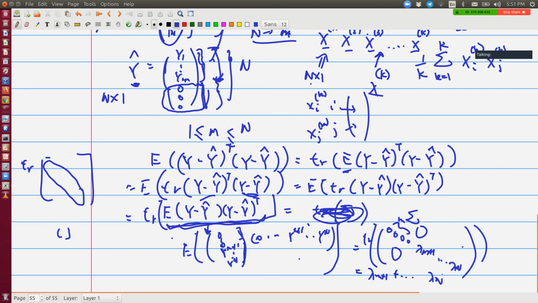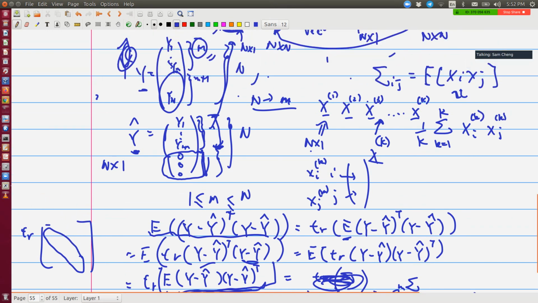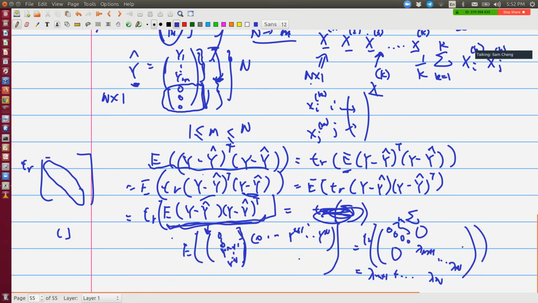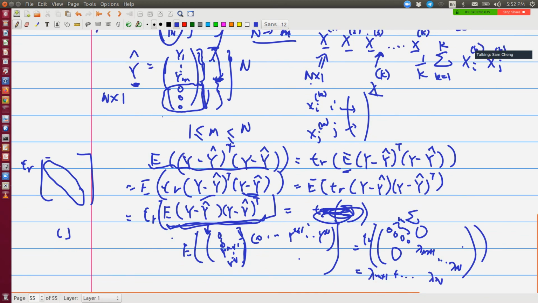So we have the trace now. Let's go back to what we want at the beginning. We want to find the error now. I want to argue this is the minimum error to keep just m dimensions, the minimum error for dimension reduction, because I could discard any other elements, but then the error will be bigger, because we already sorted the eigenvalues.